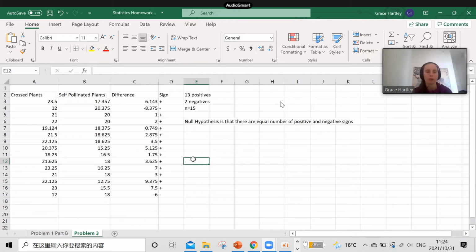The null hypothesis is that there's equal chance that they'll grow taller or shorter. Then the p hat, looking at the sign test, is 13 divided by 15 because we had 13 positives out of the 15 samples. So it would be 0.866.